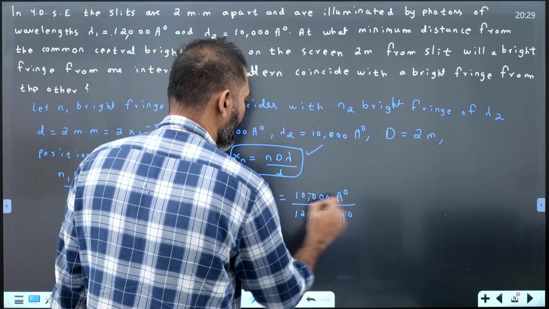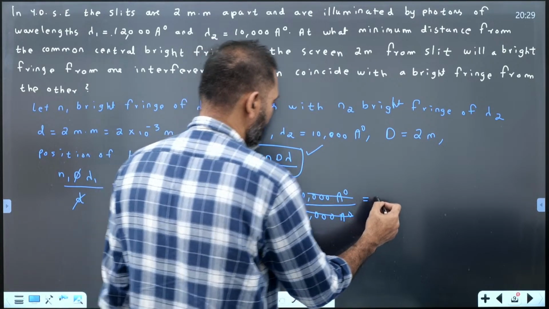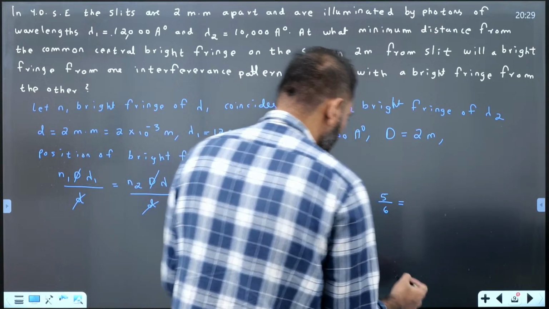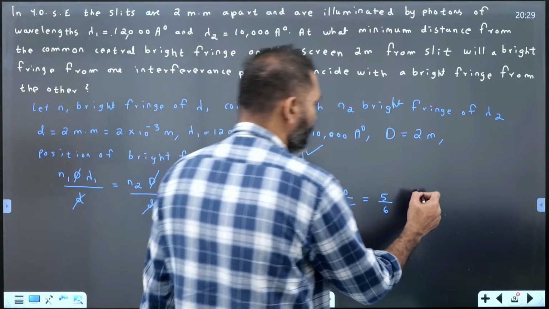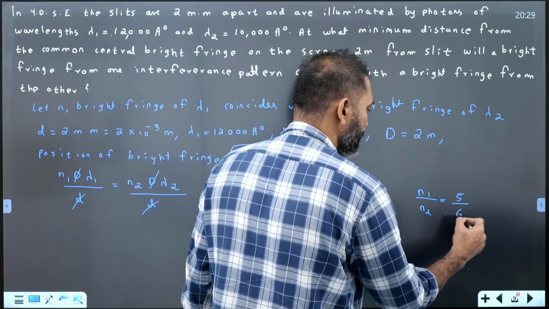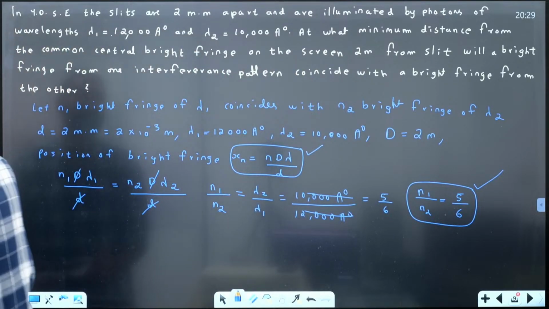So the ratio is 10 by 12, which means 5 by 6. I am putting it in a box: n1 by n2 is equal to 5 by 6.